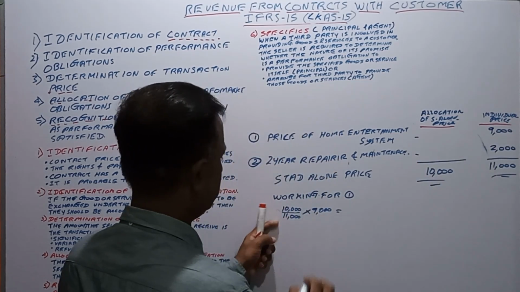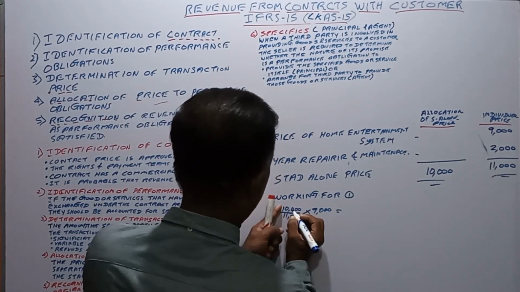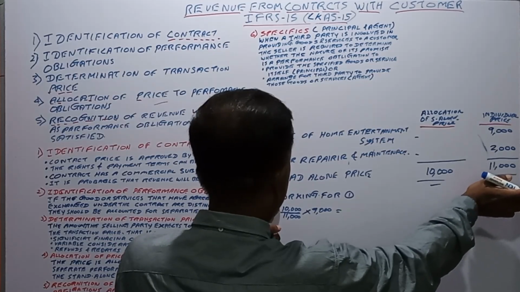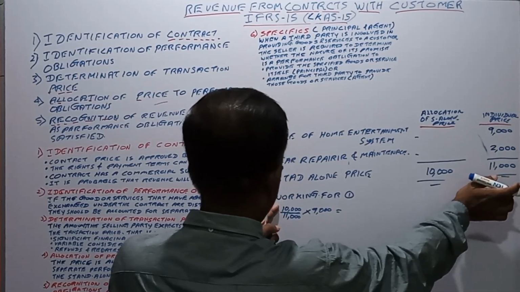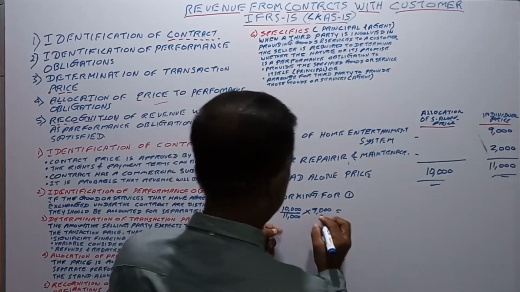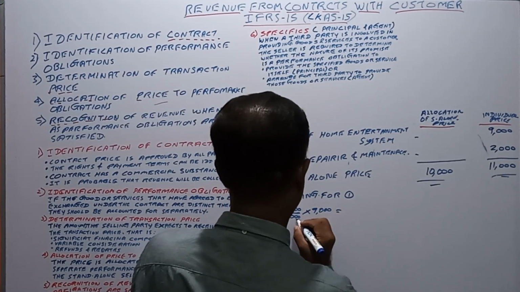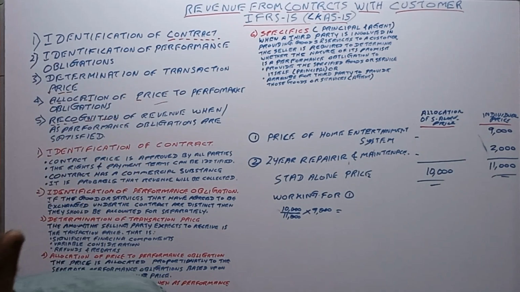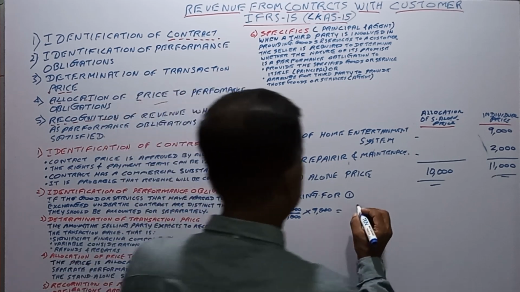This is the standalone price, and this is the total price of the individual components, into the individual component. That is 8,182.